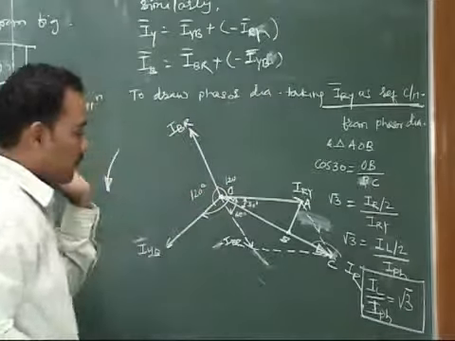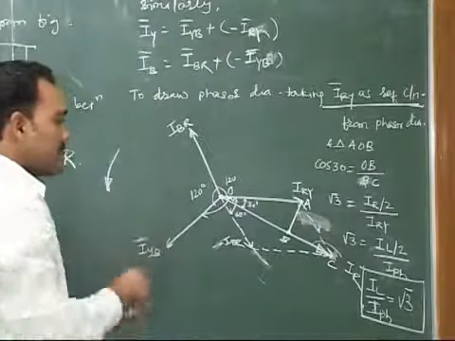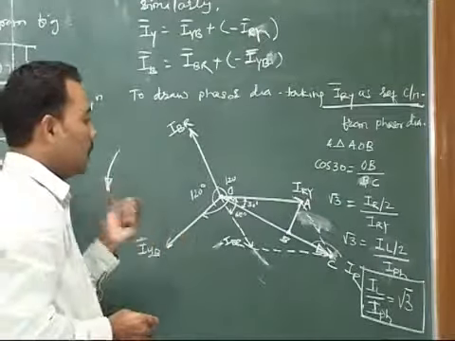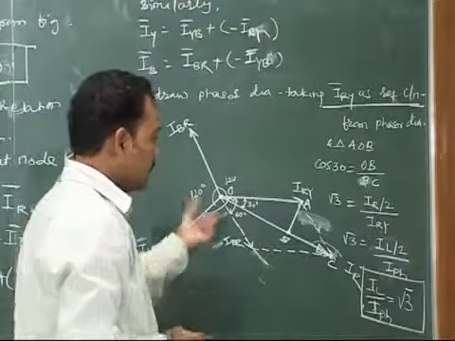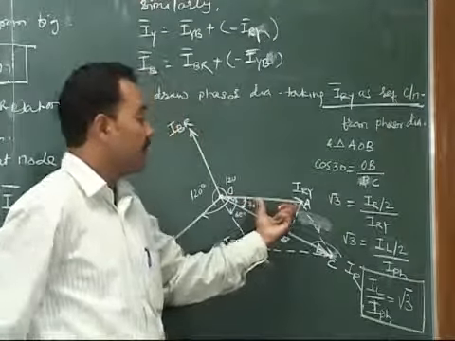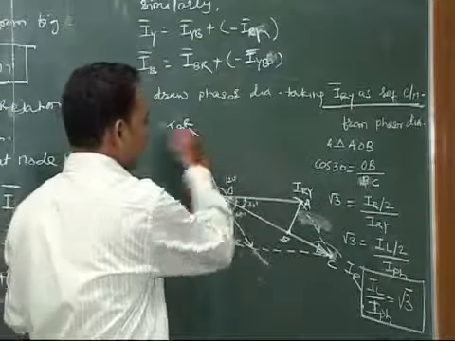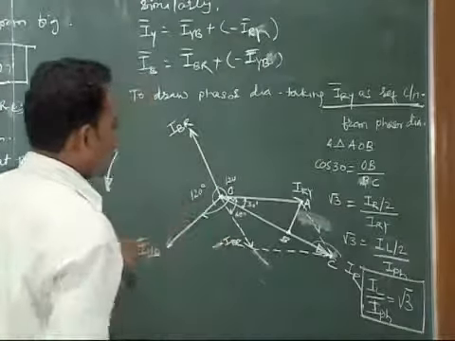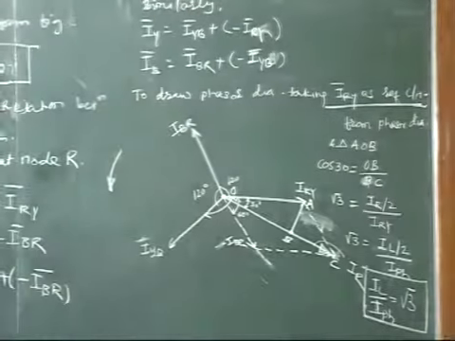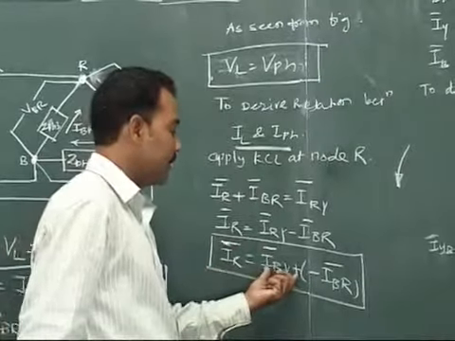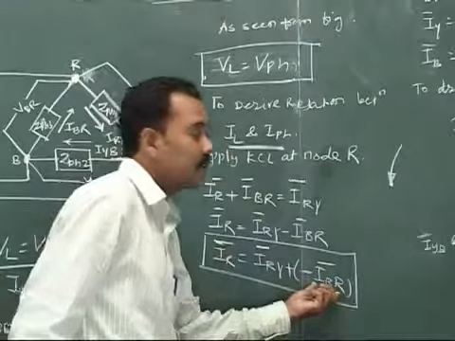As we have already drawn the phasor diagram for the line voltage and the phase voltage in case of the star connected load, instead of the voltage, here we need to draw the phasor diagram for the currents. From this phasor diagram, the line current IR is equal to IRY plus minus IBR.